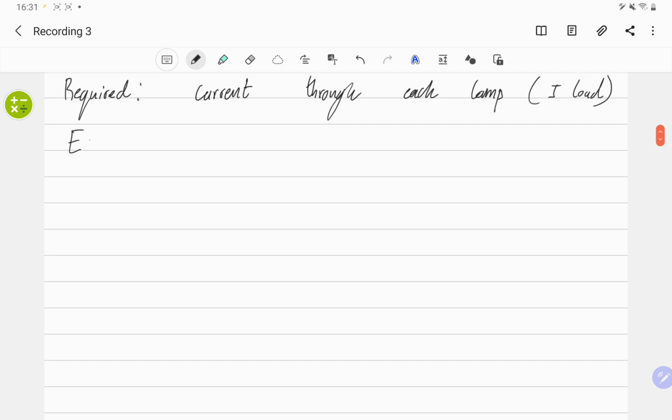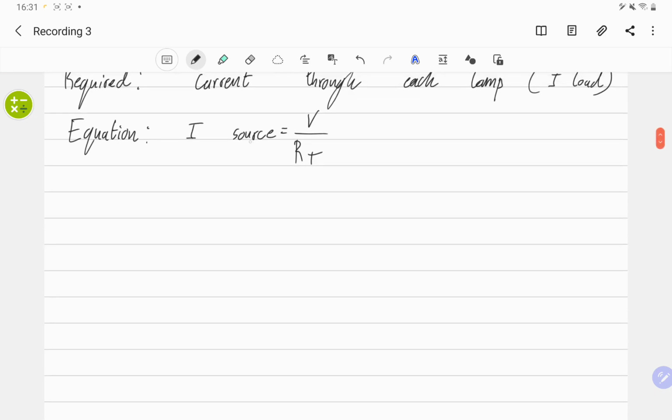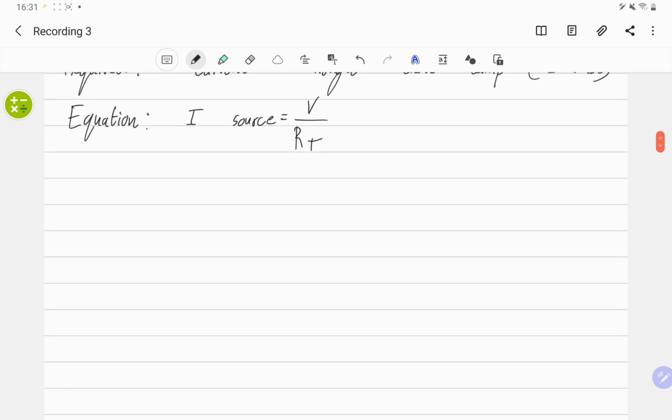Now the equations that we're going to use for this question. We're going to use two equations. The first equation is the I source equals V, or voltage, divided by RT, which is total resistance. And the first equation is to calculate the current coming out of the energy source. Once we find the I source, we're going to use the second equation.